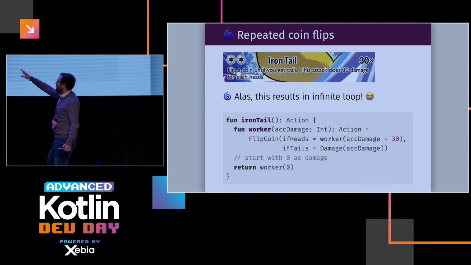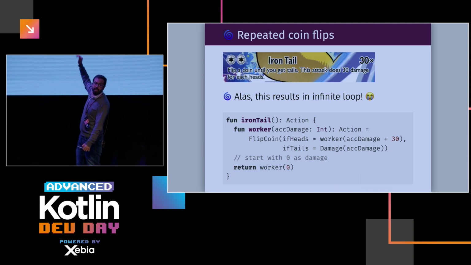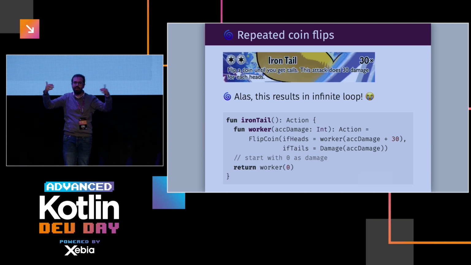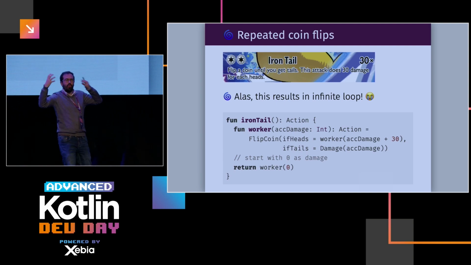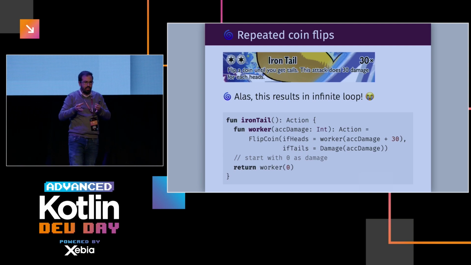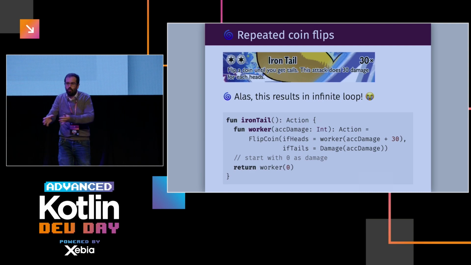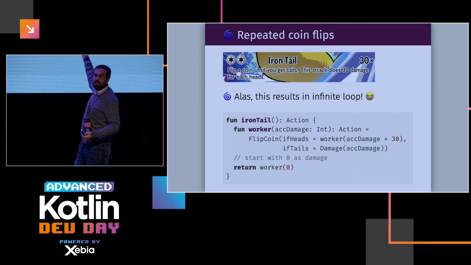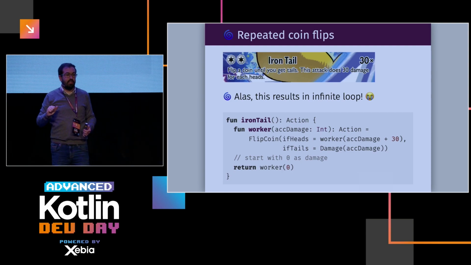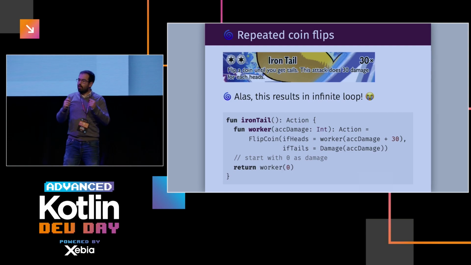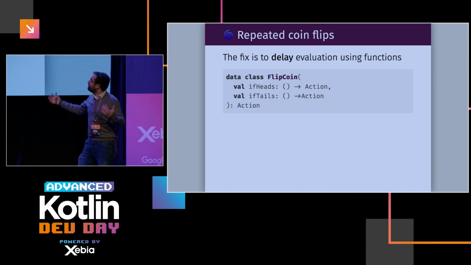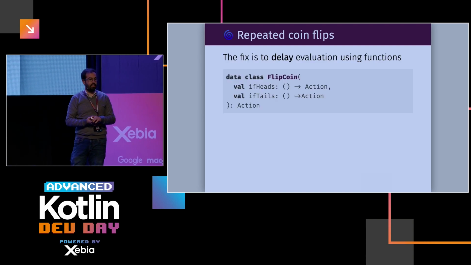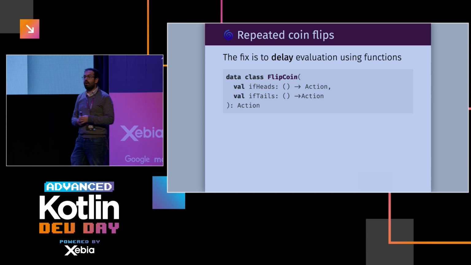So we get the flip coin, and then it needs to evaluate both things, right? In our mind, because we always think about this execution thing, it looks like we are only going to go one step farther. But what actually happens is that the worker never ends, and then we get a Stack Overflow error.